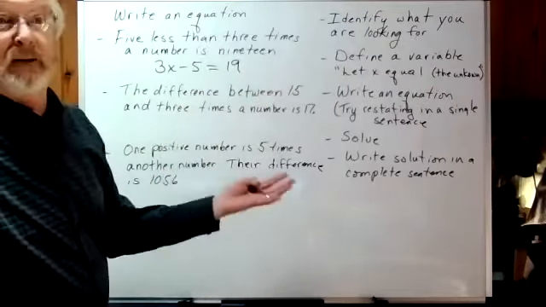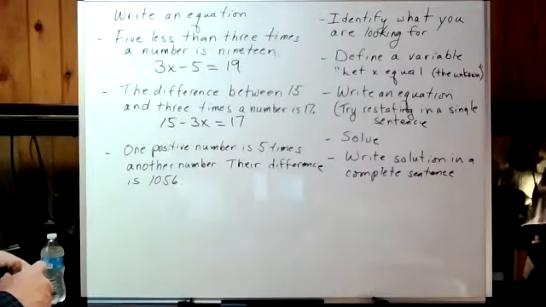I have a question. Yes. So my Open Math didn't let me write it like that. They had me write it, so the correct answer for the first one would have been 3 times, with the multiplication symbol in it, and then x, and then minus 5 equals 19. They wouldn't let me write it 3x minus 5.